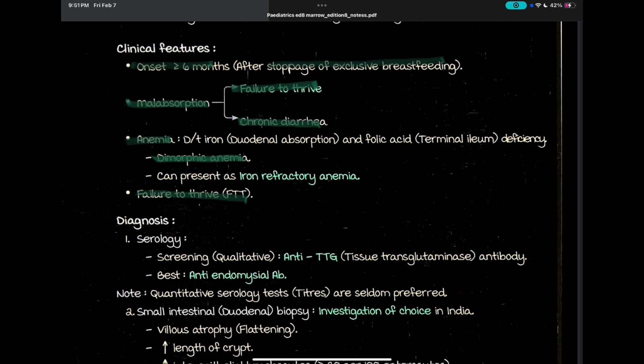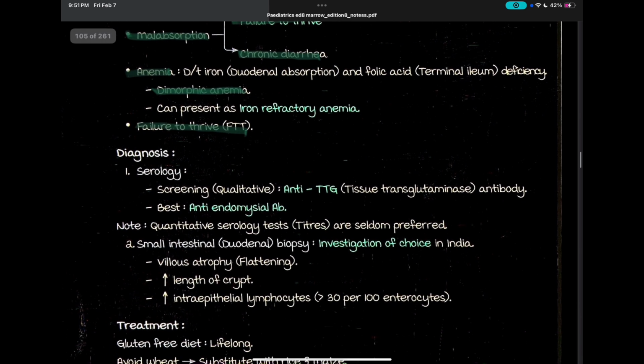Iron is absorbed in the duodenum while folic acid is absorbed in the terminal ileum. Dimorphic anemia can present as iron refractory anemia.